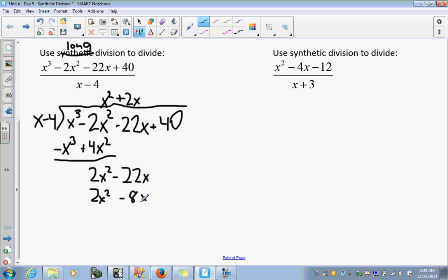Okay, so I've finished my multiplication here. Now, in order to subtract it, I switch the signs. So I switch the signs here. This becomes a negative. This becomes a positive. Okay, so 2x squared minus 2x squared, well, that's going to cancel each other out. Negative 22x plus 8x will give me a negative 14x. Then I just bring down the 40. So then I can complete my division.